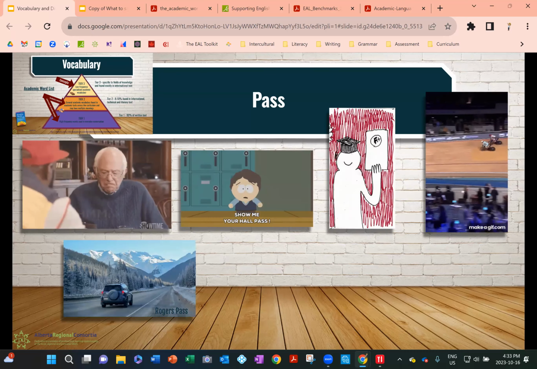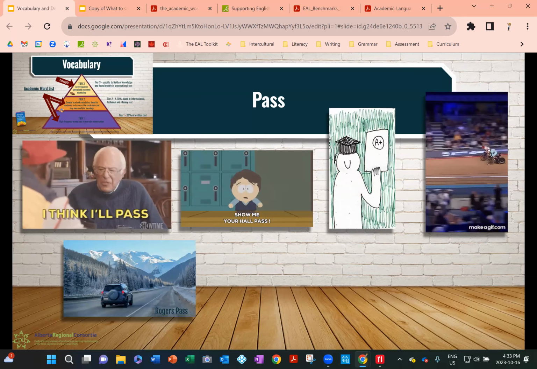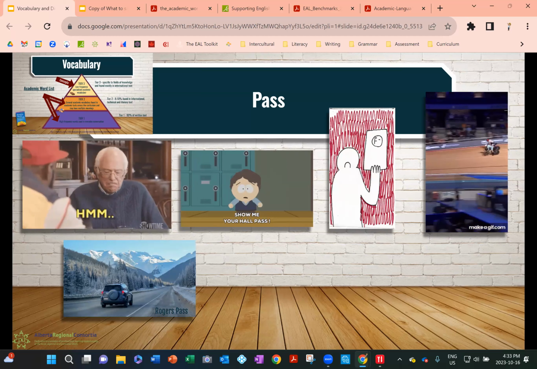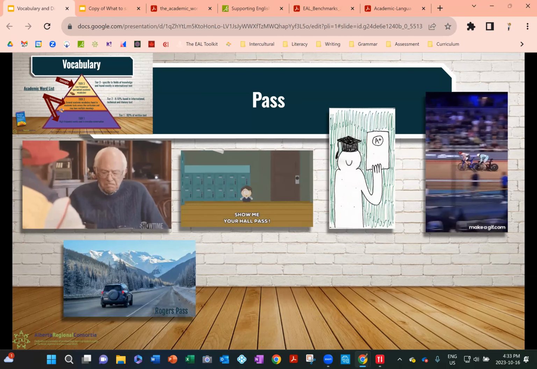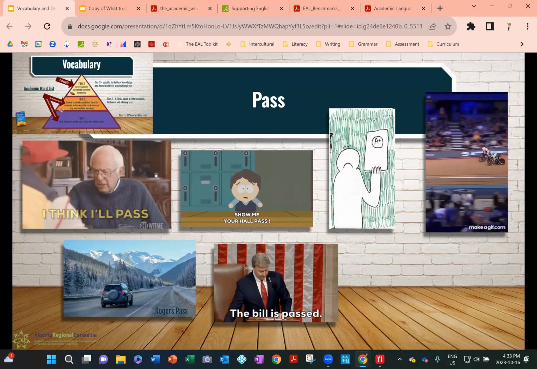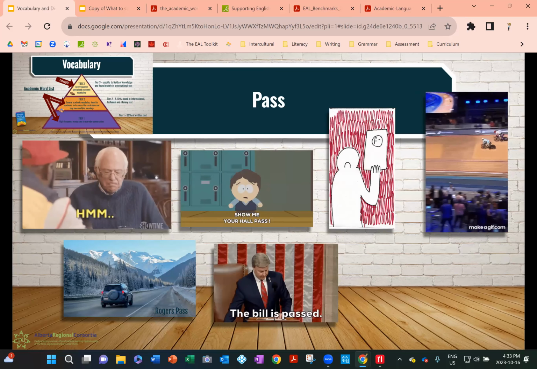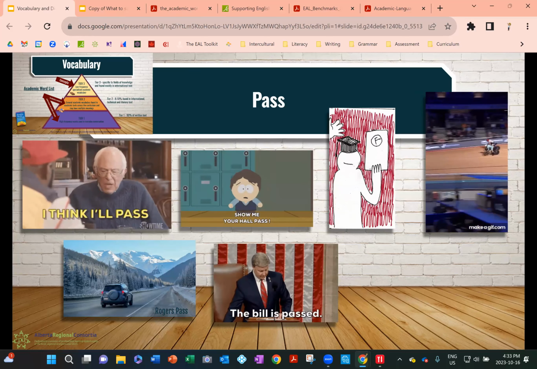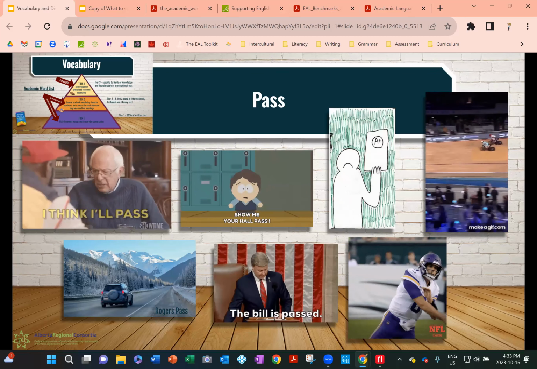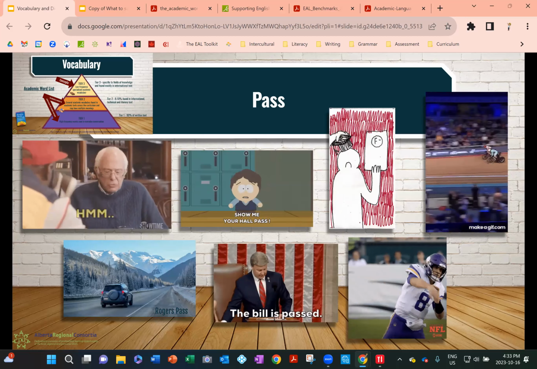Maybe you're looking at geographical features and you're looking at the Rogers Pass or different types of passes that happen in a geological sort of sense. Or maybe you're talking about legislative processes and the bill is passed. What does that mean? Or maybe you're just saying, pass the ball, in phys ed.